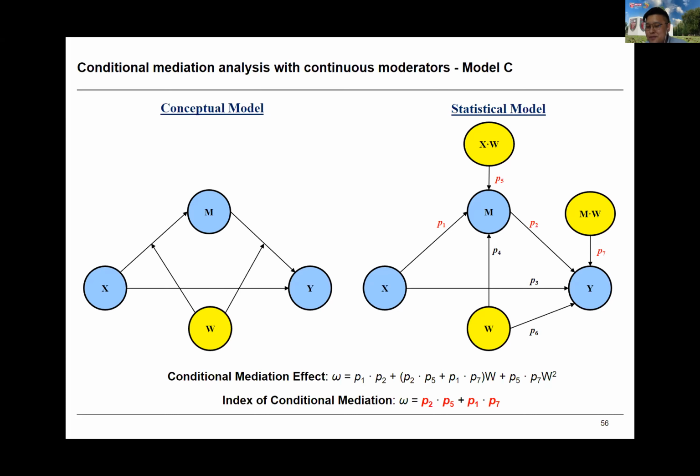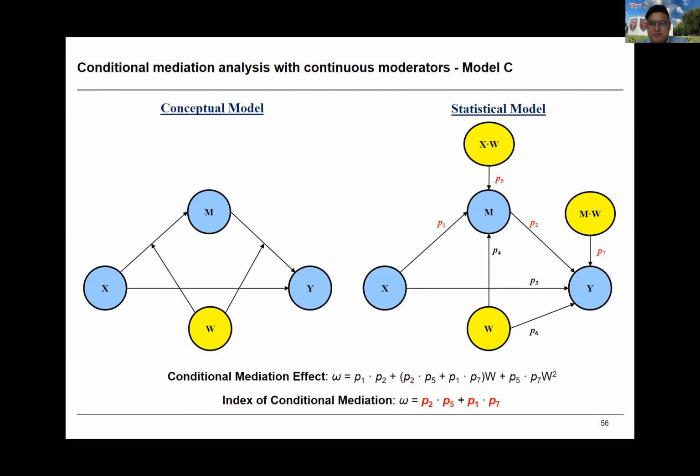P2 multiplied by P5 is similar to your model A, and P1 multiplied by P7 is similar to your model B. The only difference here is the plus: it adds the effects of both moderations, in the first stage and second stage, in order to get the conditional mediation effect.